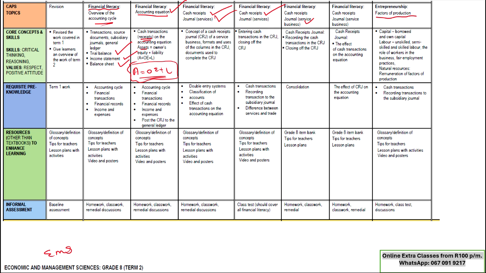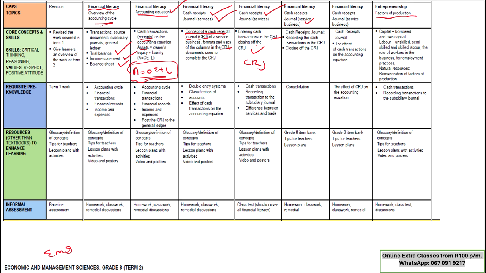Here we covered the concepts of a cash receipt journal, which is CRJ, of a service business, and the formats and uses of the columns in the CRJ. Next, we looked at recording cash transactions in the CRJ and closing the cash receipt journal. So guys, CRJ stands for cash receipt journal.